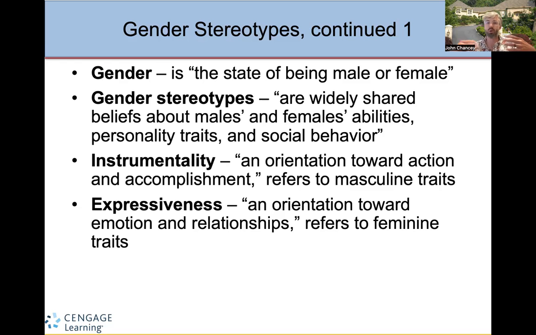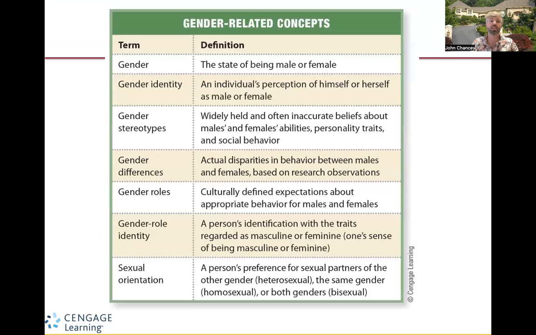It's this orientation towards action, accomplishment, basically getting stuff done. These are things we typically associate with masculine or male traits. Whereas for female, it's more about expressiveness, expressing emotions, expressing relationships. It's more about talking the talk, instead of walking the walk, I suppose, if you wanted to sum it up succinctly.